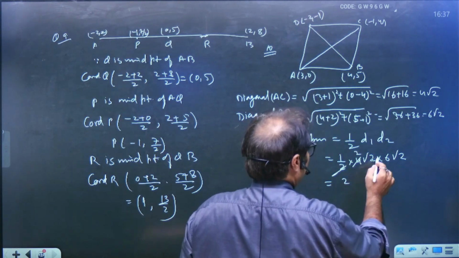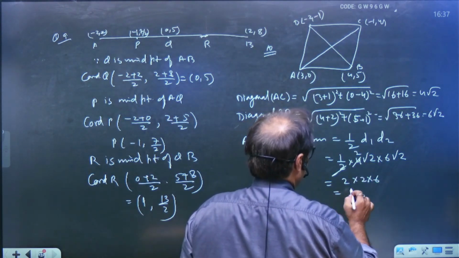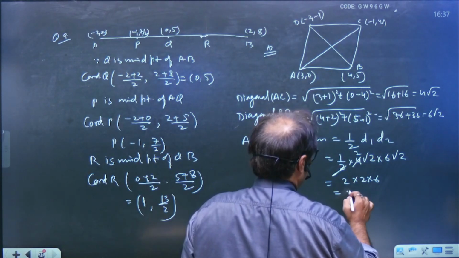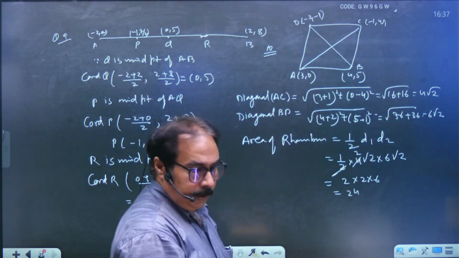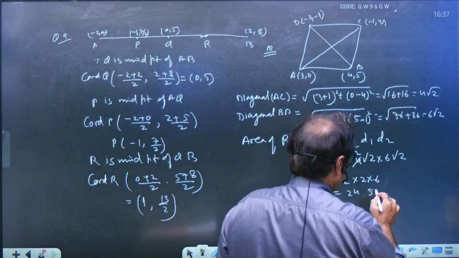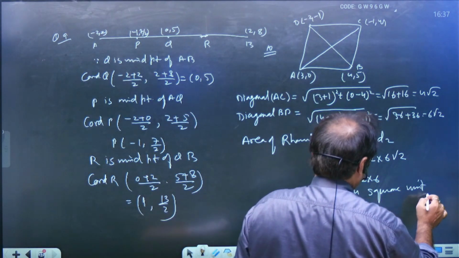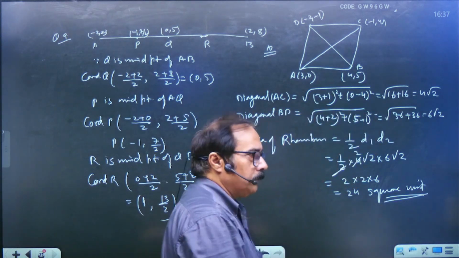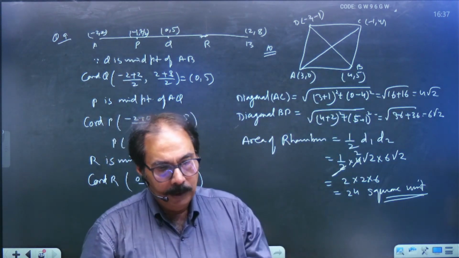So 2 root 2 into root 2, that is 2 into 6. So finally it is 24, and we will write square unit because the unit is not mentioned. So we will write 24 square unit because it is the case of area, right?